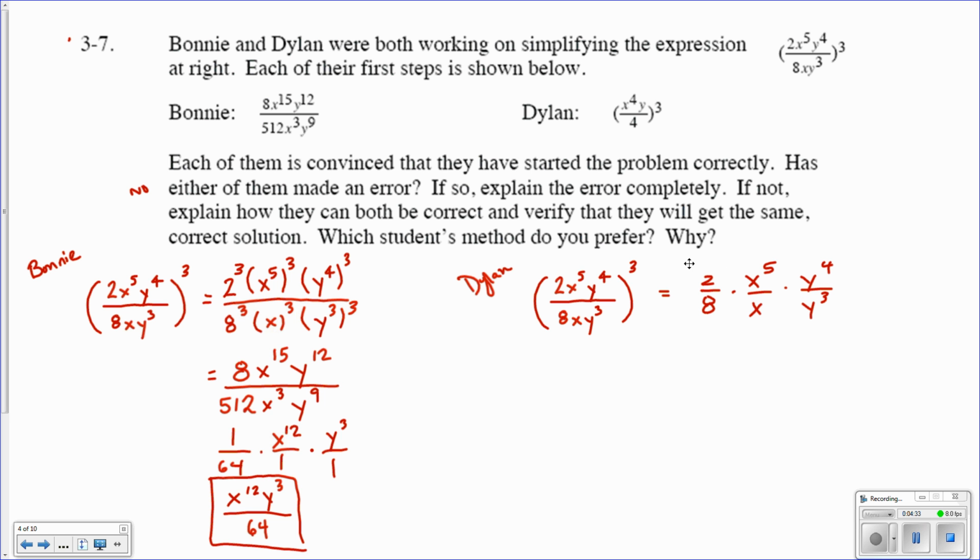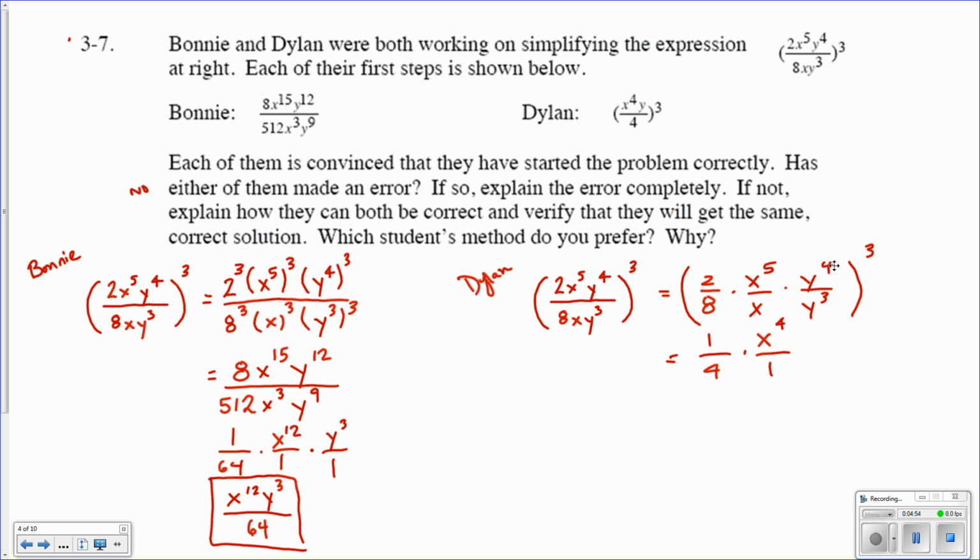Remember, the whole thing right now is still being raised to the third power, but I'm not that concerned about it right now. Let's just simplify. 2/8 is the same thing as 1/4. X to the fifth over x is going to give us x to the fourth, over 1.